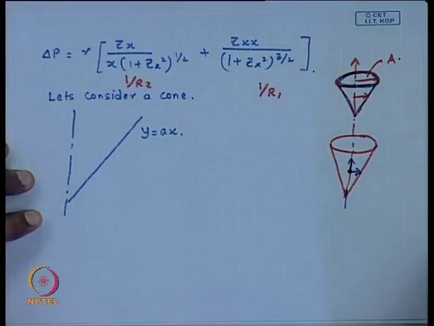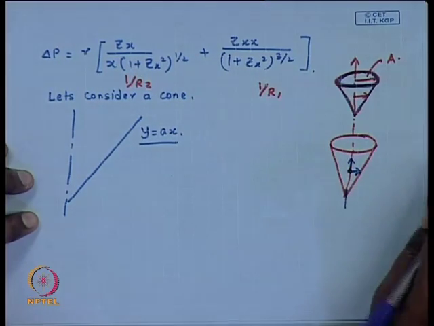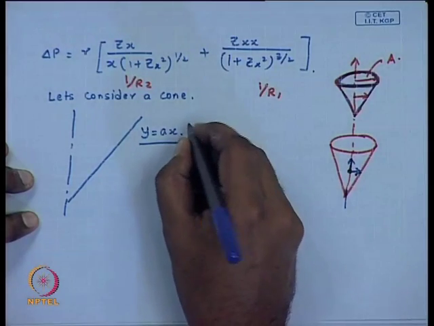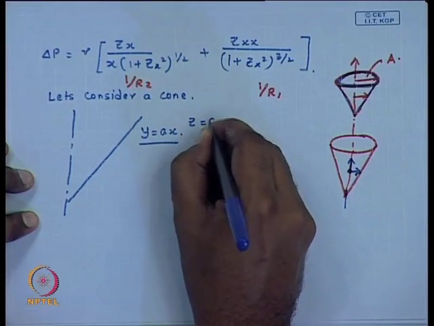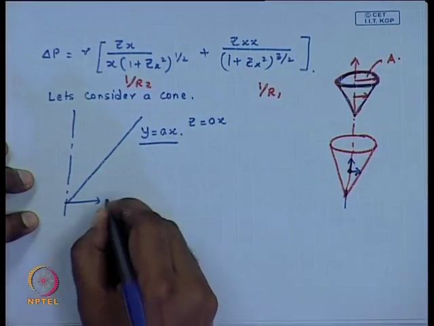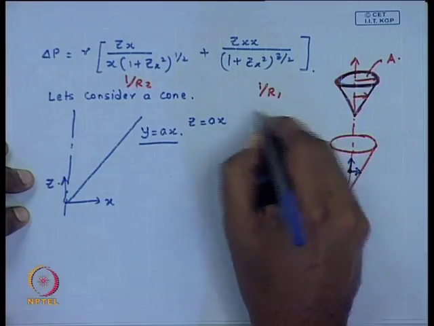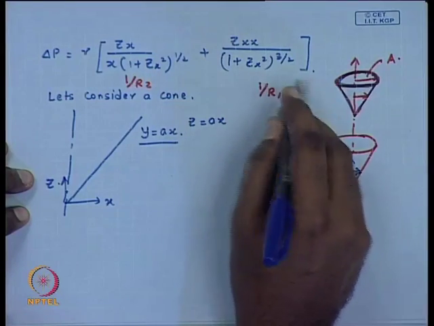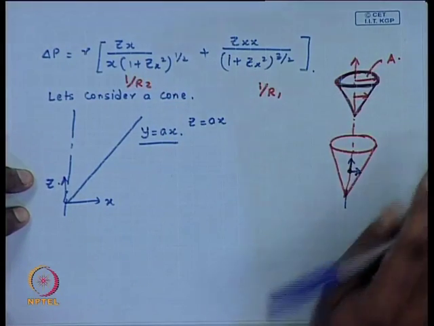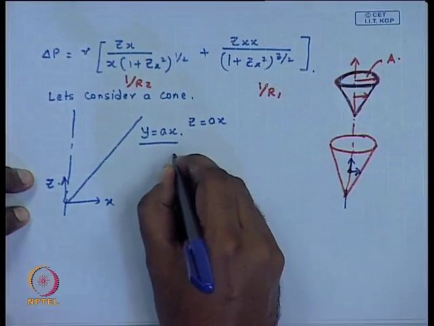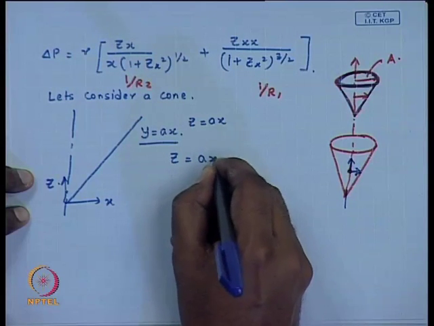Now, our intention, based on the equation of the cone, y equal to f x, or let us say z equal to a x, that is the coordinate system we are taking, is to find out which of these two terms contributes to the infinite radius of curvature. It is very simple actually. You have z equal to a x.